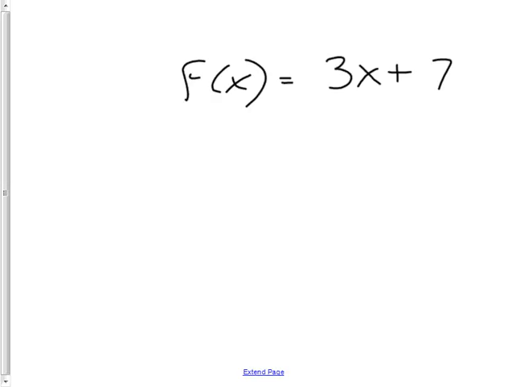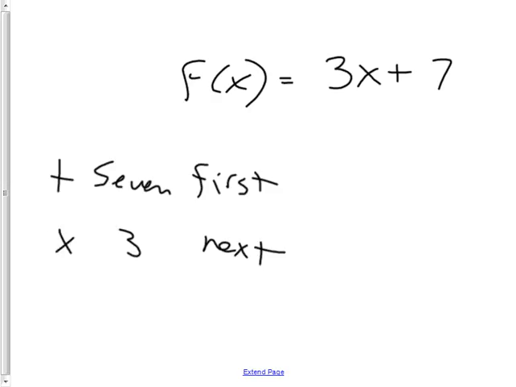What if I wanted you to make me a function like that, except I wanted it to add 7 first, then I wanted it to multiply, I'm going to use an x for multiply by 3 next, and I wanted it to divide by 4 next, and I wanted it to add 1 at the end. How could you make a formula that would make you add 7 first, multiply by 3 next, divide by 4 comes after that, and at the very, very end, you add 1?